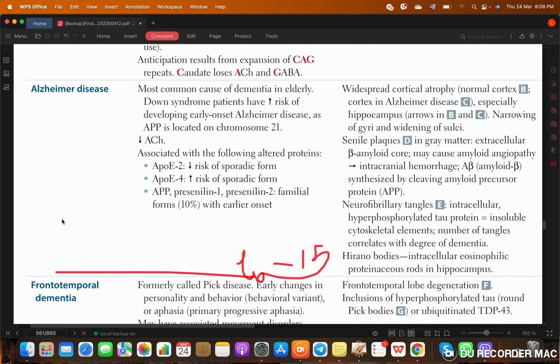The progressivity of the symptoms will be as follows. If this is year 1 and this is year 10, which is the death, the progressivity of the symptoms is something like this. Actually, it's something like this, I'm sorry. So they will lose all of their function until their death.